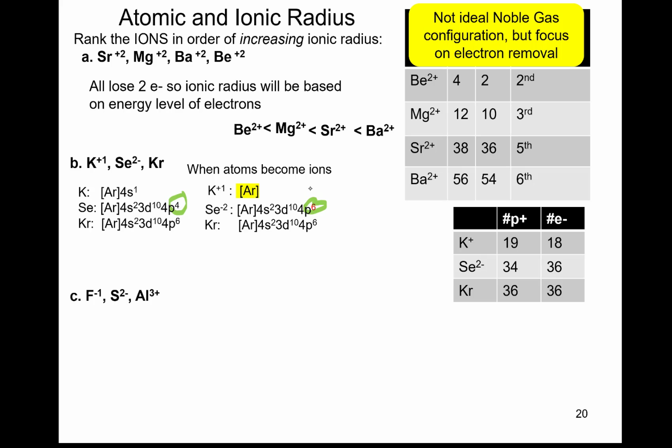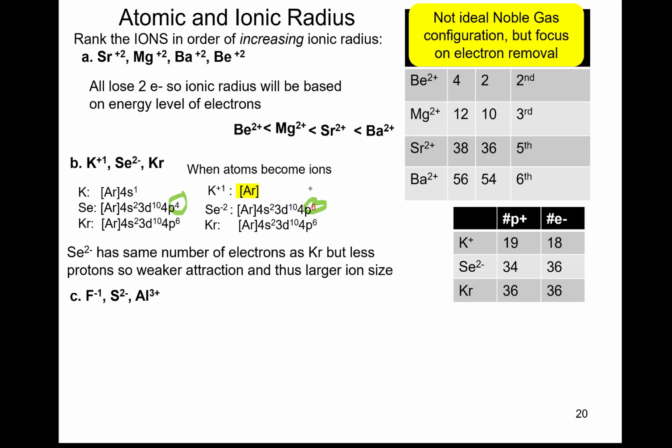So potassium, if we look at the table to the right, potassium has 19 protons, 18 electrons. That's the potassium ion. The selenide ion is going to be bigger. It has 34 protons and 36 electrons. Krypton has 36 and 36. So the selenide ion has the same number of electrons as krypton. We can see that in the table. But there's less protons, so therefore there's a weaker attraction and it's going to be larger, right?